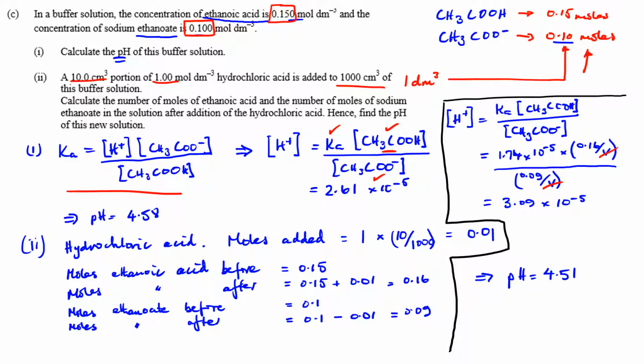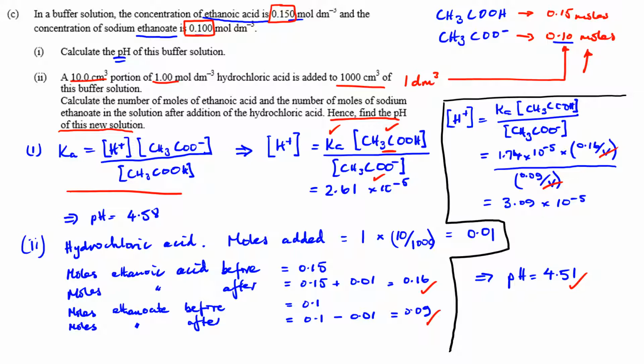Which is what we were asked for in the question, hence find the pH of this new solution. And so we've done that. So this was part of the answer, this was part of the answer, and this was part of the answer to C part 2.